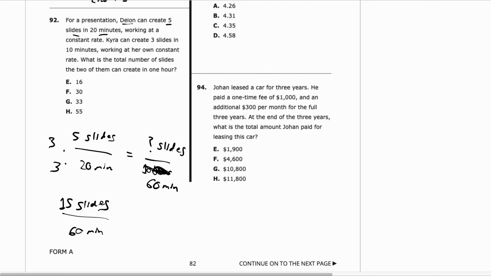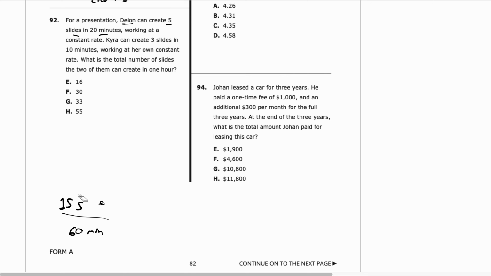So actually the proportion is just sort of confusing. Technically you could cross multiply and solve, but more simply, he can create 5 slides in 20 minutes. So in 60 minutes, which is 3 times the time, he should be able to create 5 times 3 slides, which is 15 slides, right? So we're just multiplying it by a constant factor.